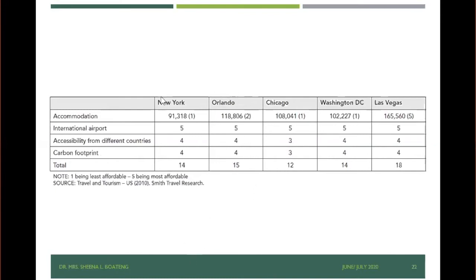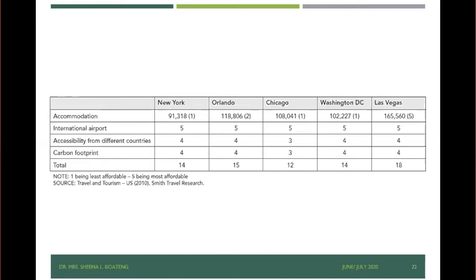So Orlando is the plan B. So in case Las Vegas does not come through, we have Orlando as our plan B, right? New York and Washington can be our plan C because they scored 14 each. So this is a typical example of an event site list. And this one is very simple and straightforward because there are only 4 criteria.